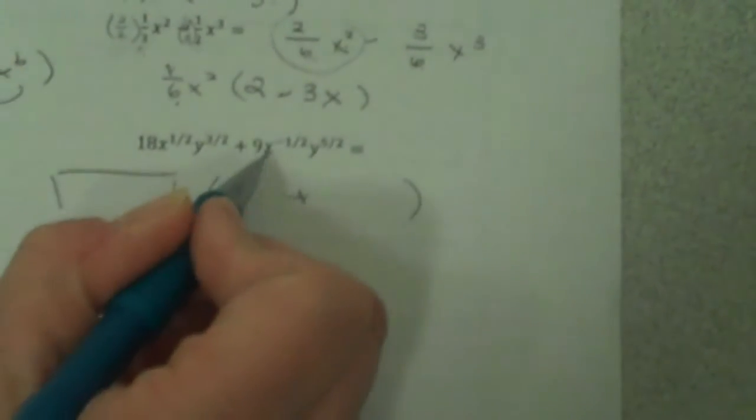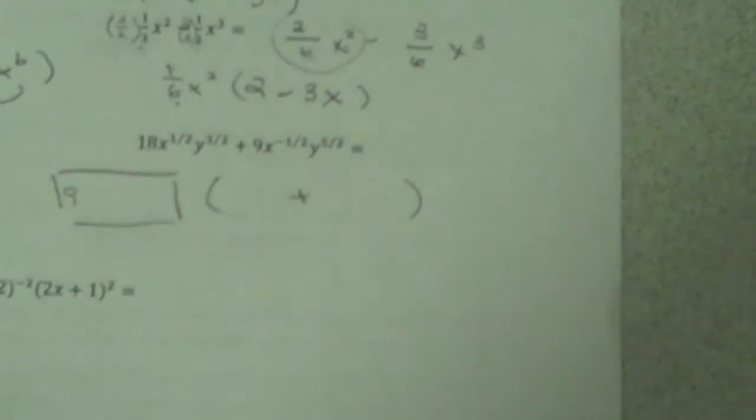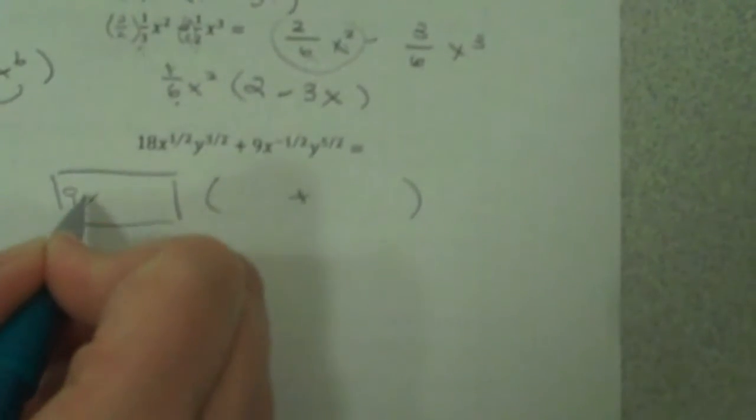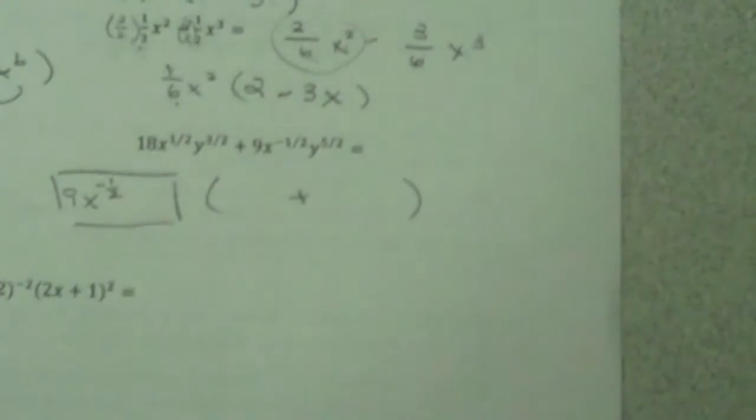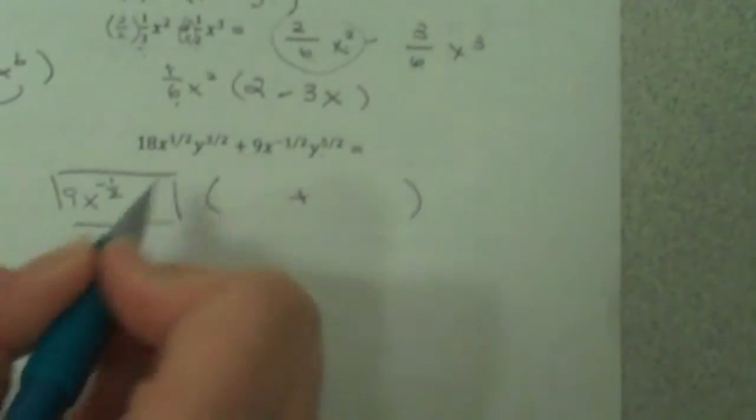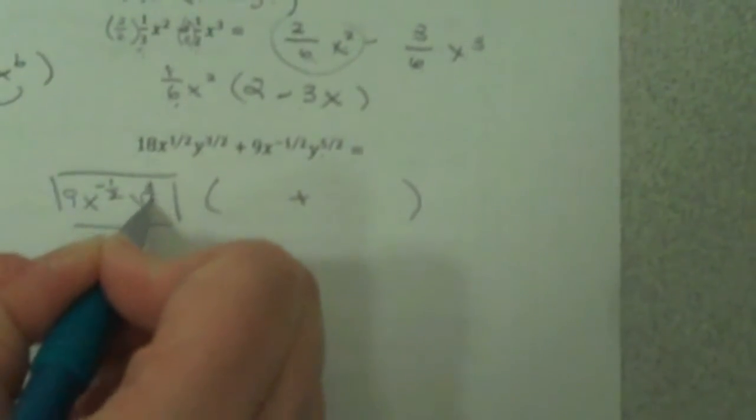So 18 and 9, we're going to pull out the common factor of 9. X to the 1/2 and x to the negative 1/2, we're going to make sure we pull out the lower of those two. And y to the 3/2 and y to the 5/2, the lower of those two.